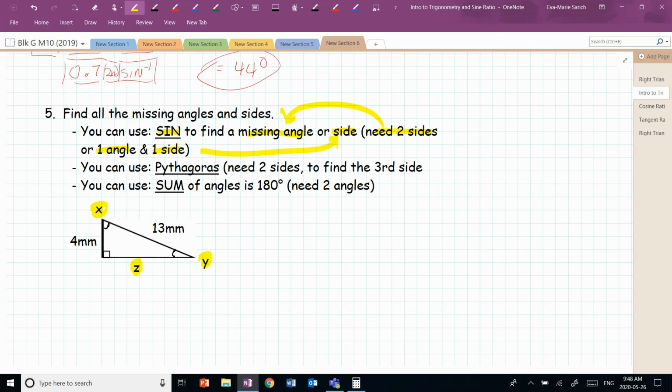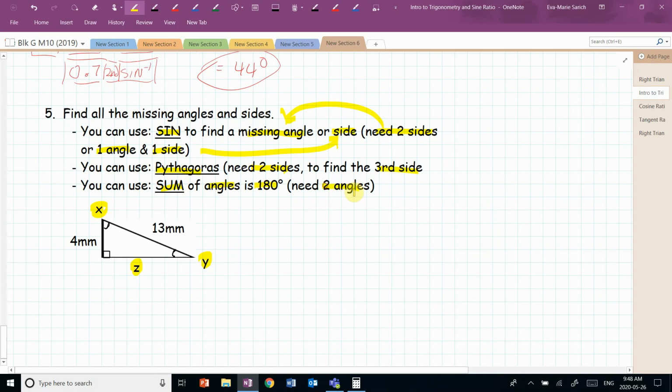But what else do you have? You have Pythagoras in your toolkit. With Pythagoras, you need 2 sides to find the third side, right? We've got 2 sides. So if you prefer to use Pythagoras, you could use it to find this missing side Z. What else do we have in our toolkit? We have the idea that the sum of the angles is 180 degrees.